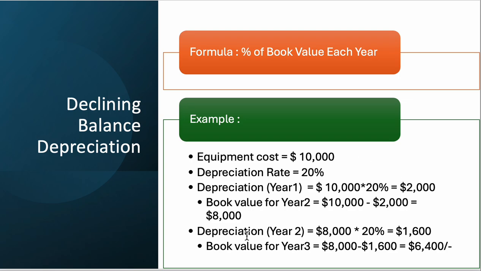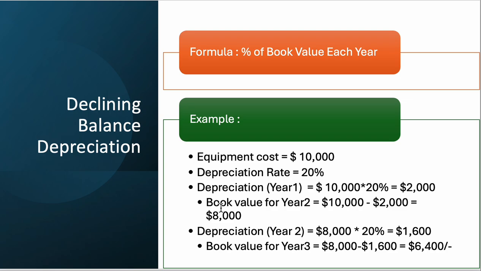Now in the second year it would become 1,600. So how is this 1,600 calculated? The value of the equipment at the end of year 1, or the book value of the asset for year 2, is 10,000 minus the depreciation of year 1, that is 2,000.